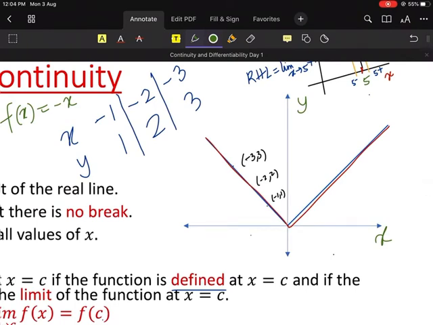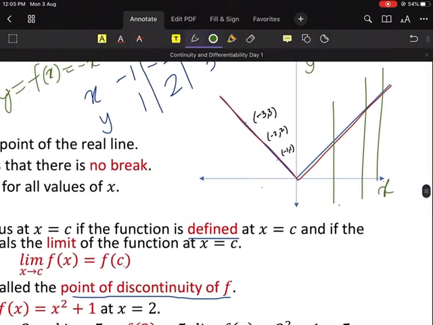But if you look at this function, it is continuous at every single point. How do we know that it's continuous? Because you just draw a line. You see, for every value of x, there is a y. If you draw a line and it cuts this one, there is a uniformity in here. So we can say that this function is continuous.